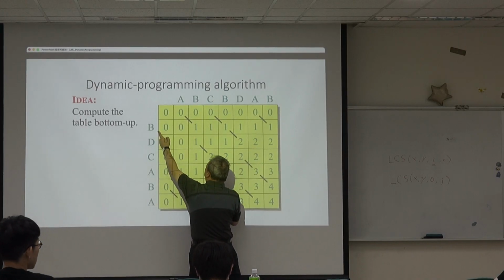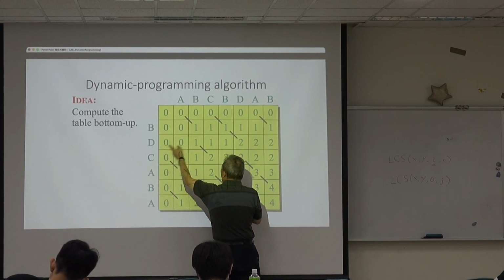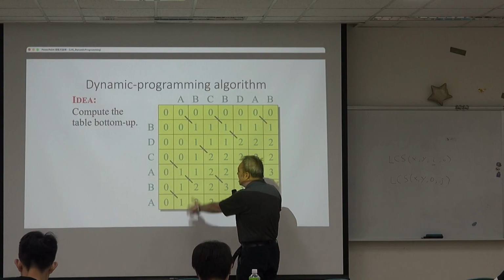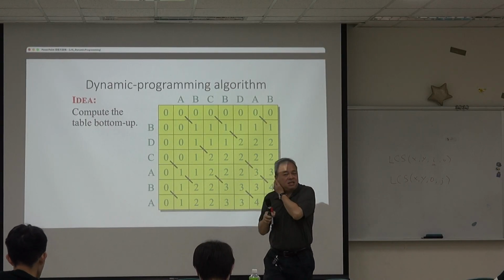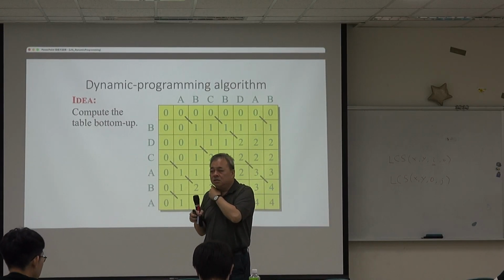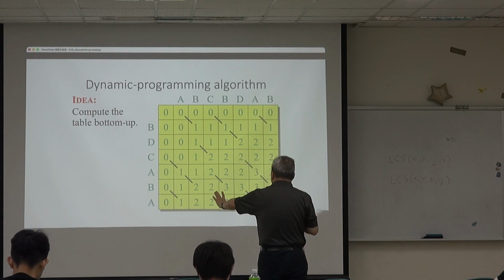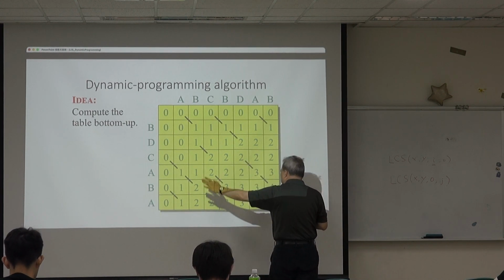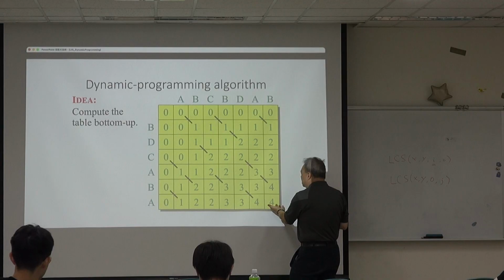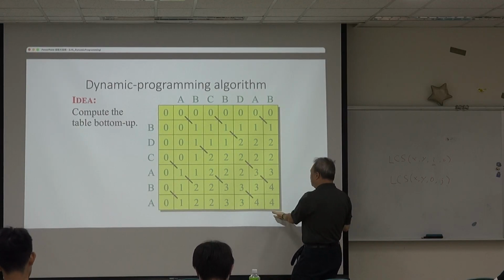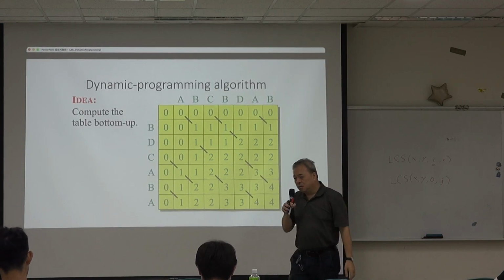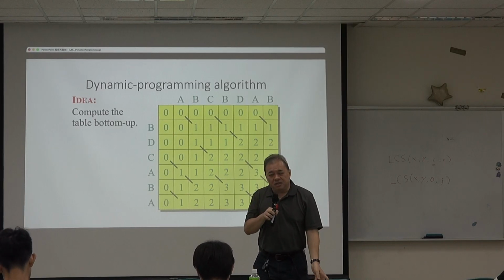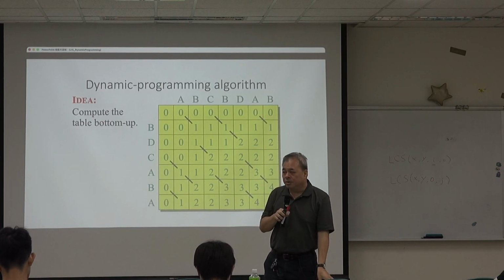So you fill out this table row by row. Well, you can do this column by column too, and the idea is the same. Eventually you are going to fill out the whole table, and the longest common subsequence here is 4. This is a bottom-up approach.